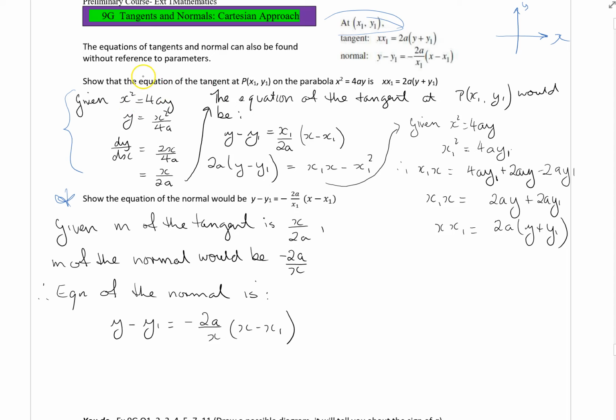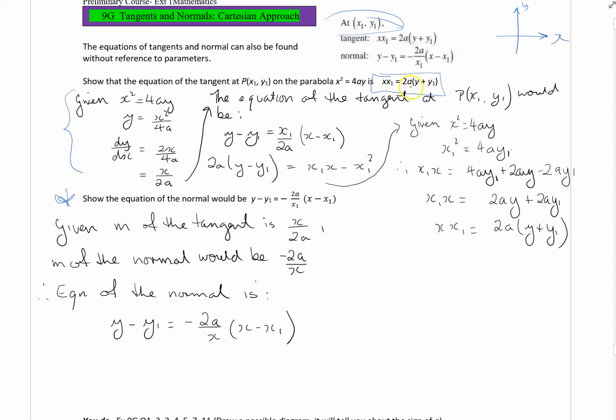Back here, the equation of the tangent on the parabola is this, which to me is really unusual. I can't see anything like y minus y1 equals m times x minus x1 contained within that equation.